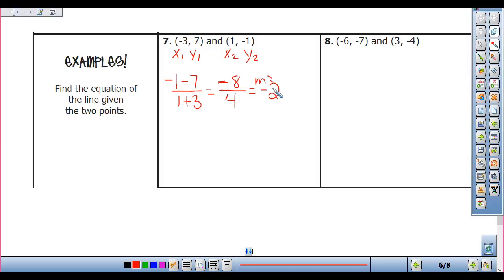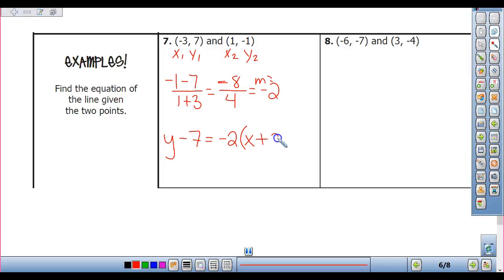I've got x1 and y1 already labeled, so now I can start plugging in. y minus, what's my y1? 7 equals, what's my m? Negative 2 times x minus negative 3, which turns into plus 3.